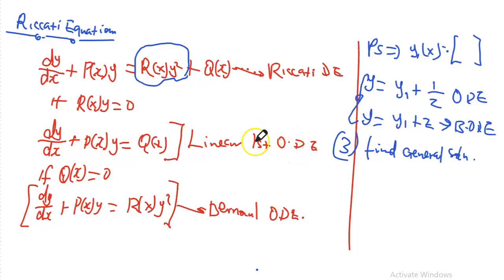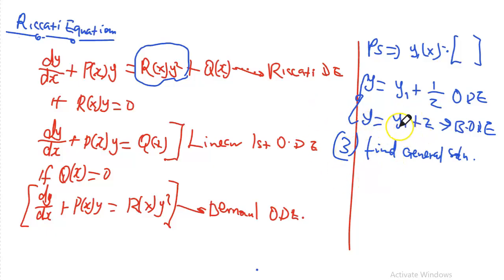And when we do this, we are able to reduce the Riccati differential equation to a linear first order differential equation. And we have as well seen that we can reduce a Riccati differential equation to a Bernoulli equation by allowing the r(x)y squared to be in the equation and simply let the linear part q(x) be equal to 0. And once we have done that, we can use the initial value of y and integrate the same function and proceed to find the general solution.